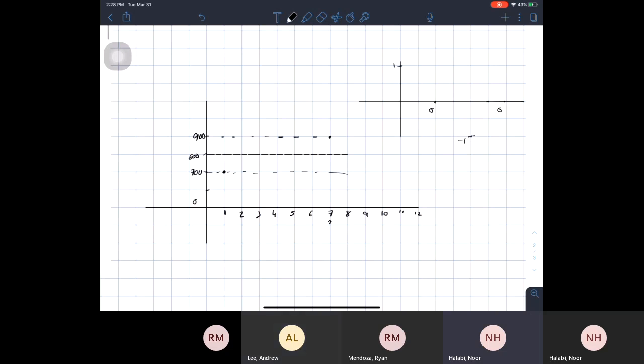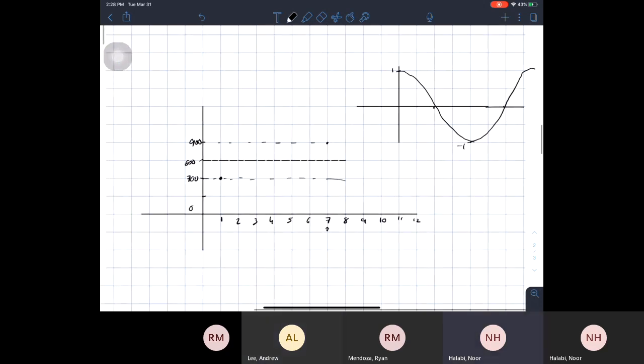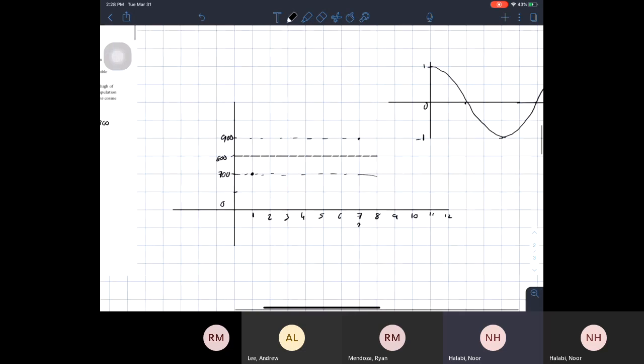This is y equals 0. It's gonna go back up to 1, like somewhere around here. So this is one wave of a cosine function.